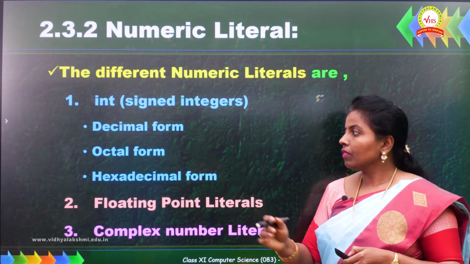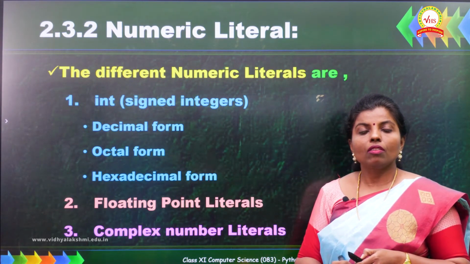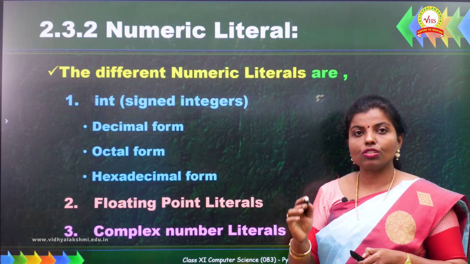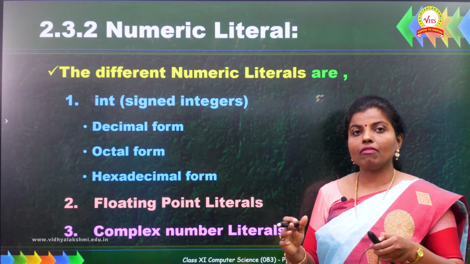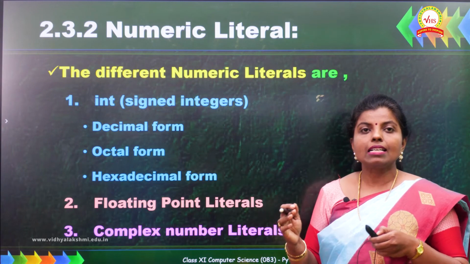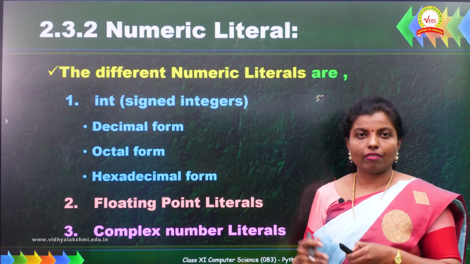And also the integer literal in hexadecimal form consists of the number beginning with 0 followed by the letter X followed by any valid combination of numbers between 0 and 9 and A to F.